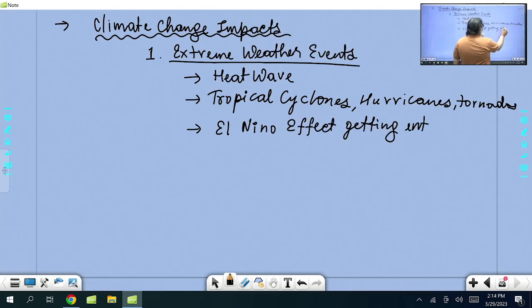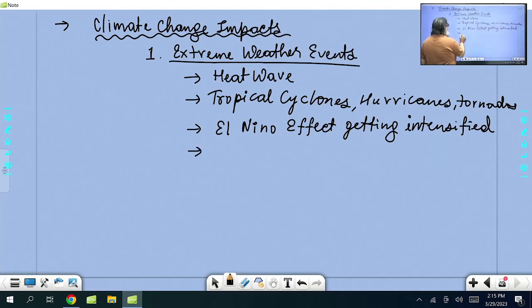What happens in El Nino? In El Nino what happens is that Australia and other side the Peru, Pacific Ocean. What happens? The ocean water condition, the temperature. So the warm water and the colder water because of ocean current. So whenever the El Nino effect happens, there is heavy rainfall towards the Peru coast, right? The warmer water was the current, and drought condition happened towards the Australia side. ENSO, El Nino Southern Oscillation. This is what is now getting intensified.